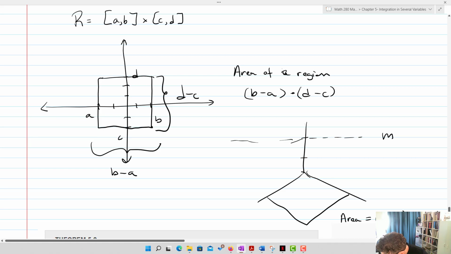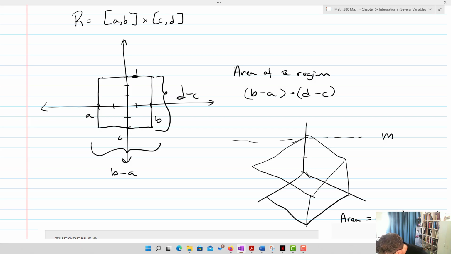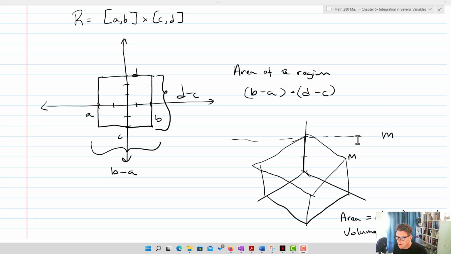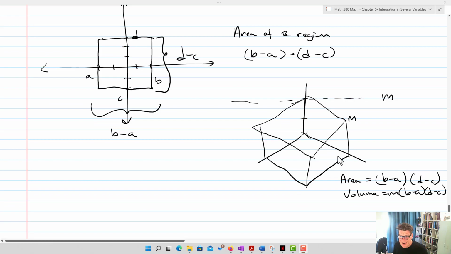Then the volume is basically going to be a box over that region. We've got this region, and we construct a box with height m. So that volume is then going to equal m times b minus a times d minus c. And that's it.